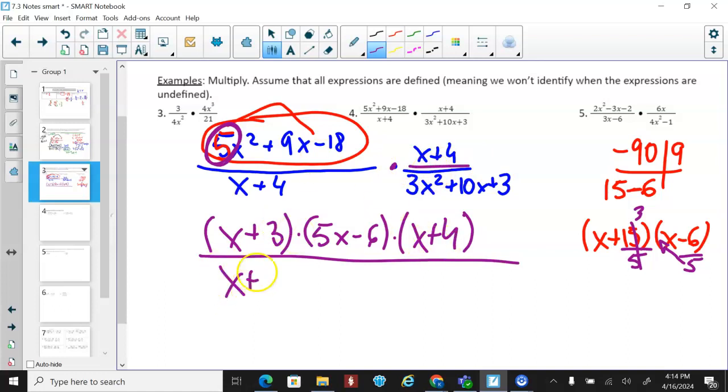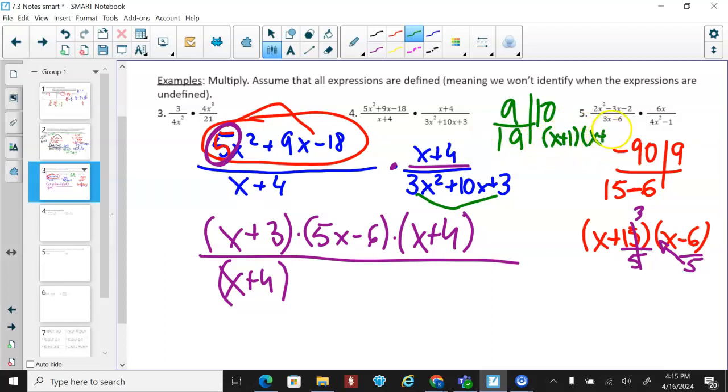Now on the bottom, I got x plus 4 as a factor. So I'm going to put it in parentheses. And now the same thing I'm going to do here. I'm going to multiply 3 times 3, which is 9. And it has to equal 10, which is the middle number. 1 and 9. Okay, so again, these are going to be both positive. So this is going to be x plus 1 and x plus 9.